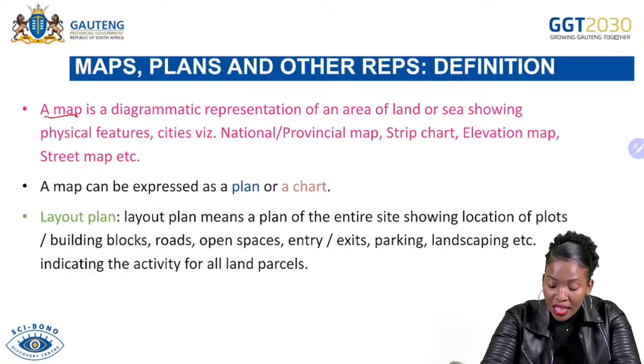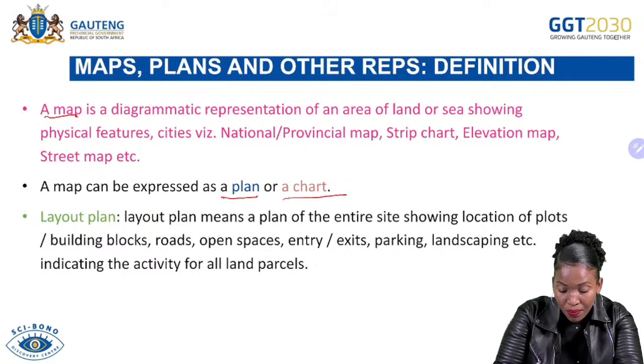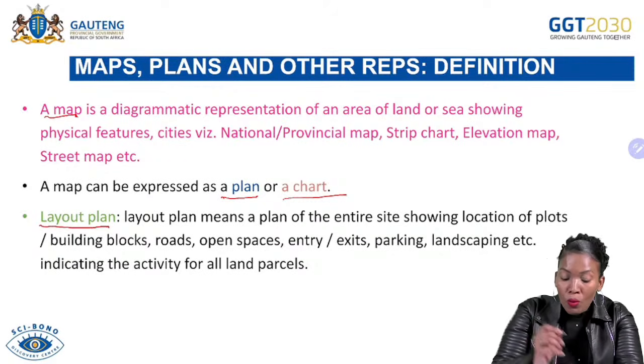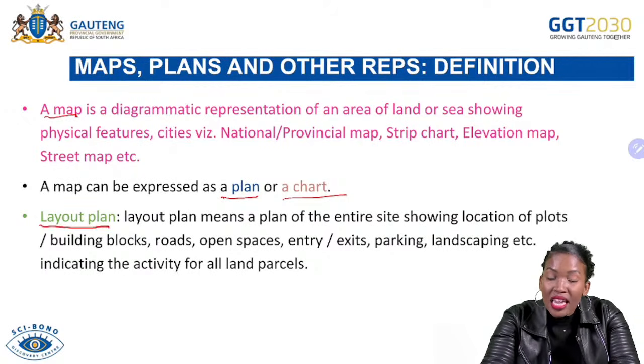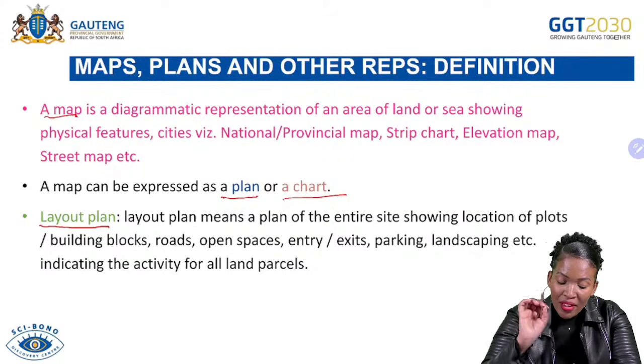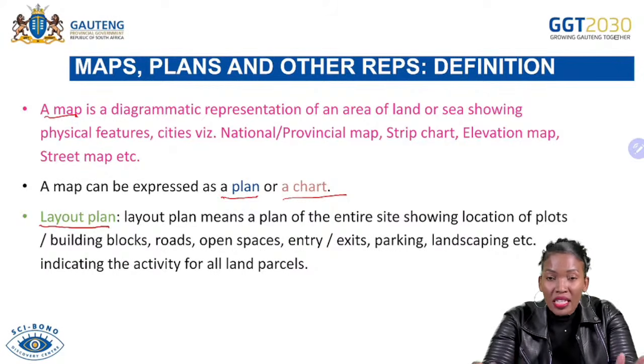And then a map can be expressed as a plan or a chart. When we talk about a layout plan, which is today's focus, it is a plan of the entire site showing location of plots, building blocks, roads, open spaces, entries, exits, parking, landscaping, etc. And a perfect example of a layout plan is a layout plan of a shopping center.